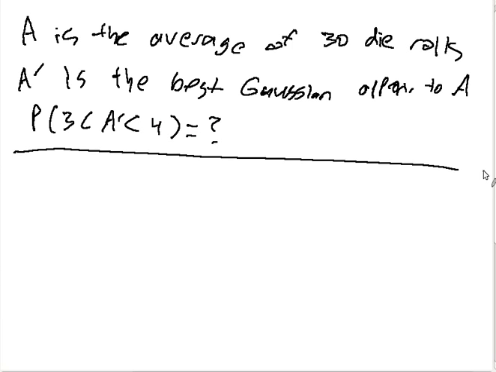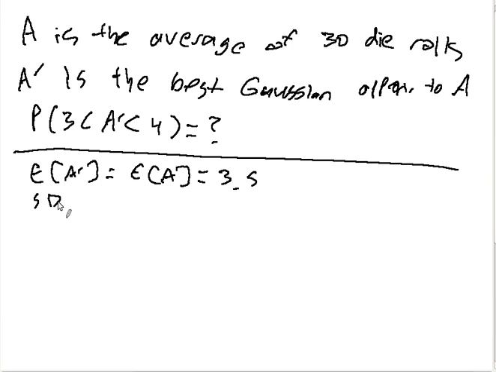Well, again, let's start by finding the expected value and standard deviation. The expected value of A prime is going to be the expected value of A, which is the expected value of a single die roll, halfway between 1 and 6, it's 3.5.